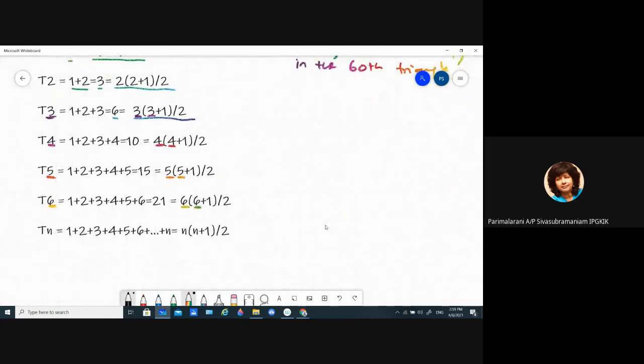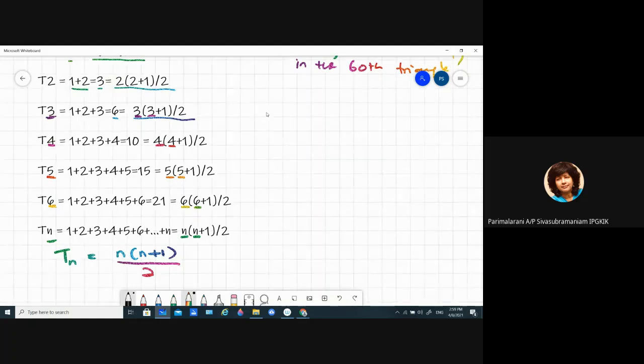Term n will be n multiplied by (n plus 1) over 2. So for triangular numbers, the formula is n into (n plus 1) over 2. Okay, this is the formula for triangular numbers.